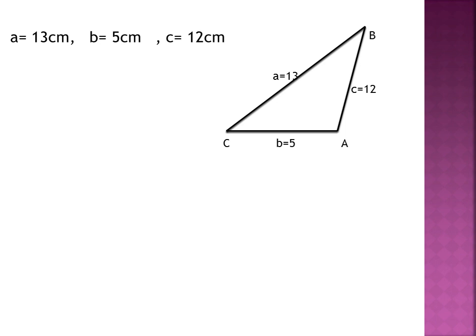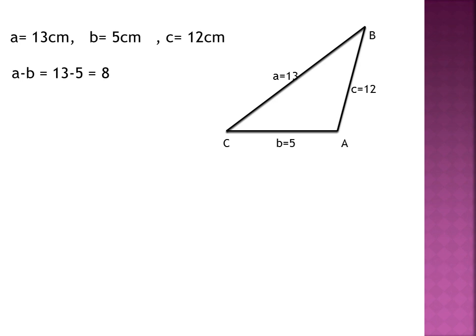Now we have to prove that the difference of two sides of a triangle is less than the third side. First of all, we will take the difference of the sides A and B. For this we can write A minus B equal to 13 minus 5, which will give us 8.